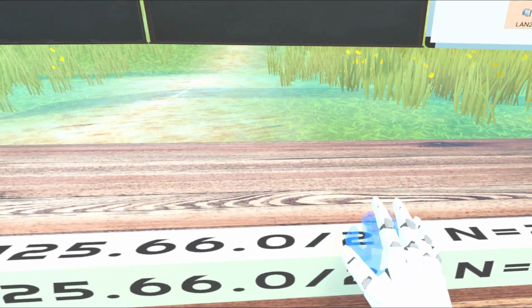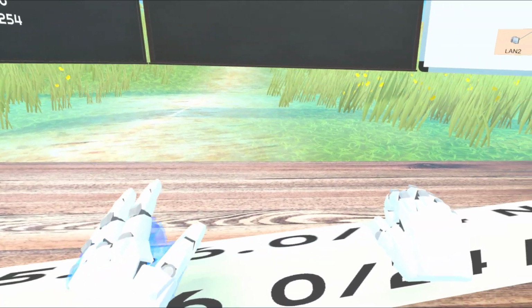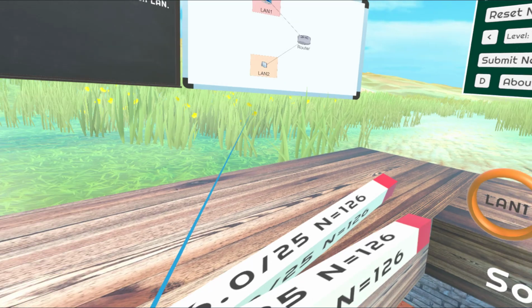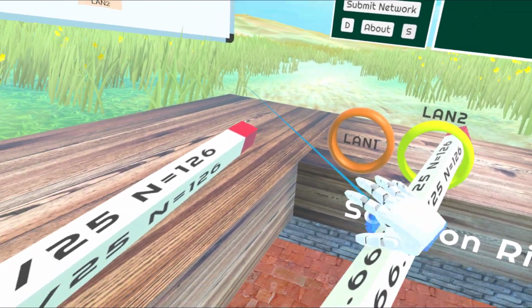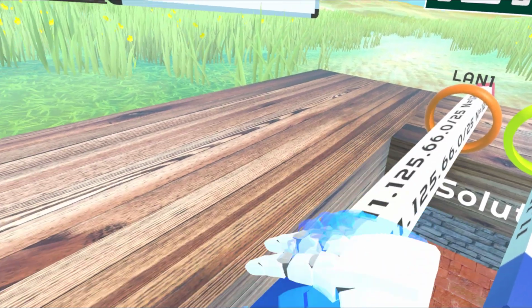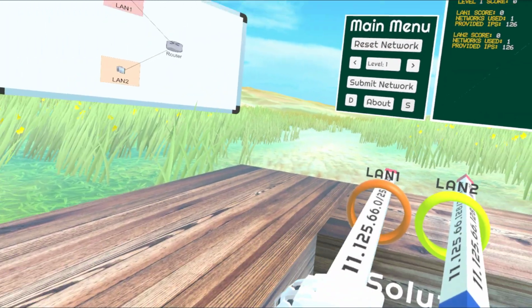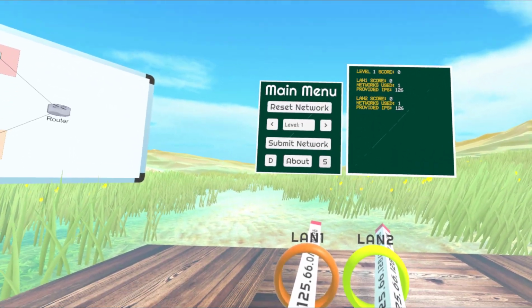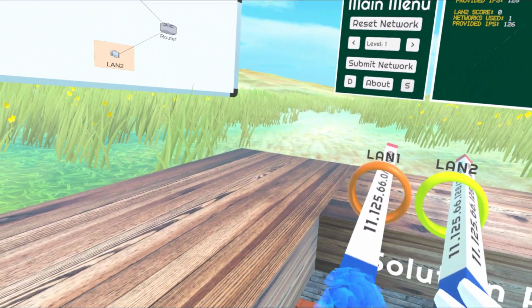Normally we would pick it up and break it into two pieces because it's asking for two parts. We'll stick each piece into a scoring ring, and it will score them when it goes into the scoring ring. The best score you can wind up with is 0, and that means it's completely efficient.